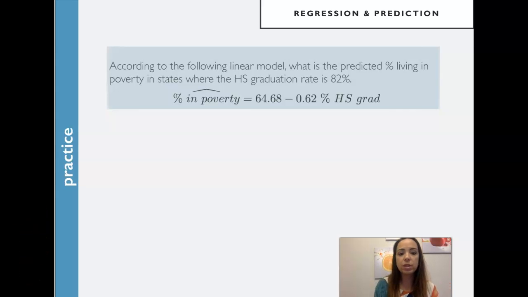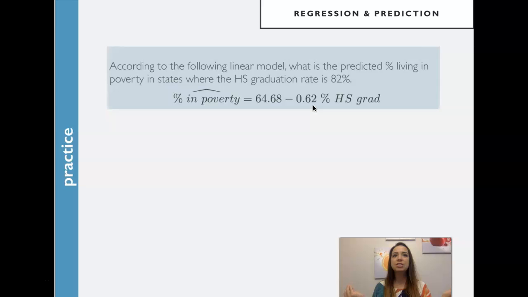So we ended up with a regression equation that looks like this. It has an intercept and a slope, and the slope is telling us that for each unit change in high school graduation, here percentage, if high school graduation changes by 1%, percent poverty will change by 0.62%. All right? So we know by how much to expect change in poverty given changes in high school graduation.